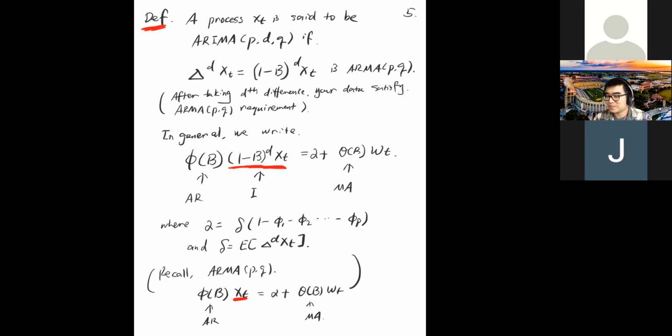Yes. Right, so you can see that everything is built upon the ARMA model. The ARMA model is very important, and luckily we have seen the theories a lot of the ARMA model. We know how to check what is a valid ARMA model, and we know how to do the model selection.